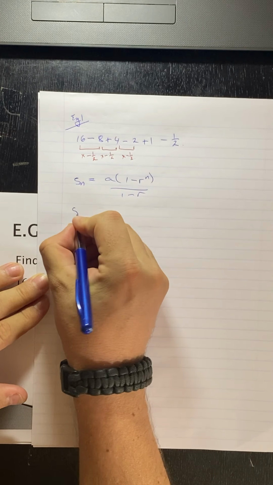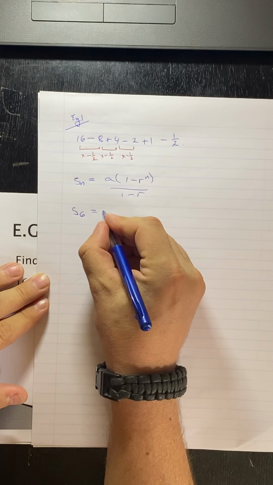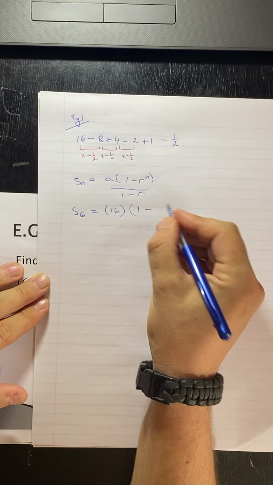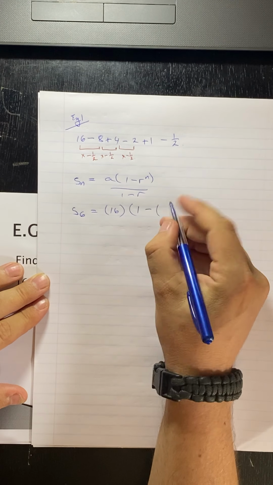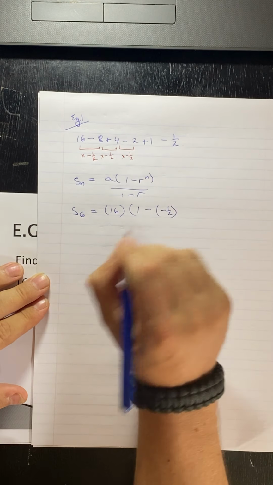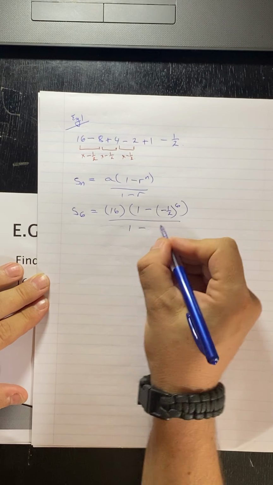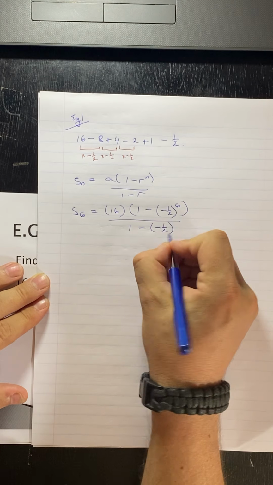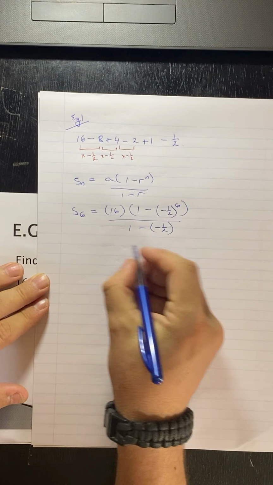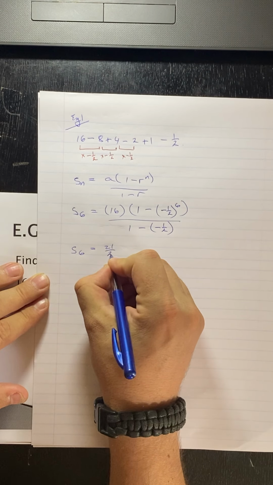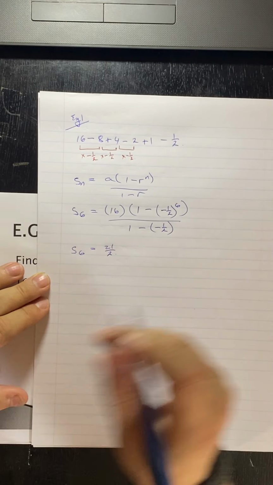So the sum of 6 terms equals: our a is 16, 1 minus our r, which is minus a half, to the power of our n, which is 6, all over 1 minus our r, which is minus a half. You can substitute this into your calculator, and we get the sum of 6 terms is equal to 21 over 2.